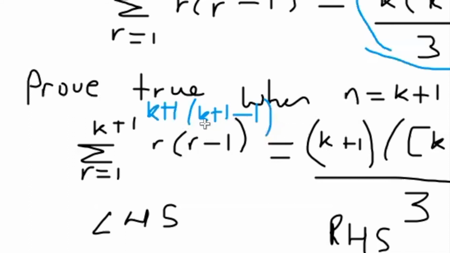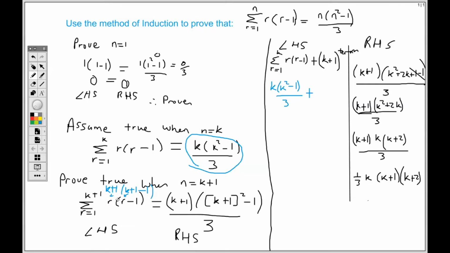So it means cancellation happens here because the plus 1 and the minus 1 cancel. So canceling this, I'm just left with k times k plus 1. Now because I have a fraction, I am going to put this all over 1 because I'll have to find my LCM. So the LCM for 3 and 1 is 3.